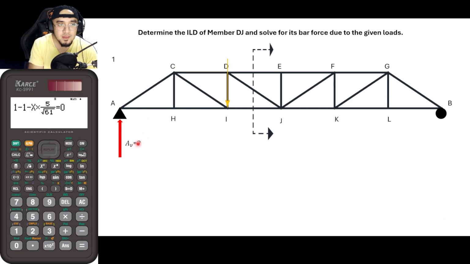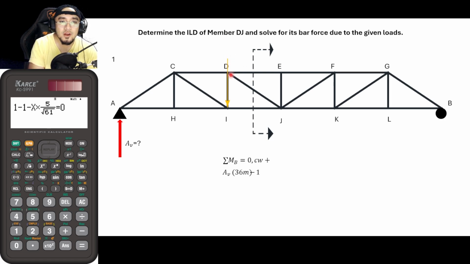And as you can see, AV is now unknown, and in order for you to know it, let us solve for it. Okay, so in order for us to solve, let us get the moment about B once again. Clockwise positive, so that is AV times 36. Again, the value 36 is the distance from point B up until A. Then minus 1 kilonewton.